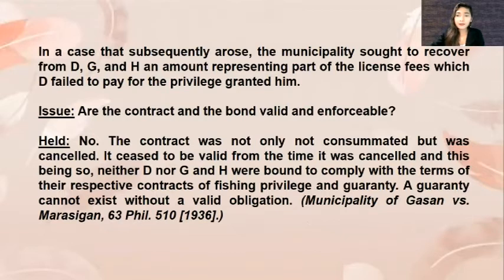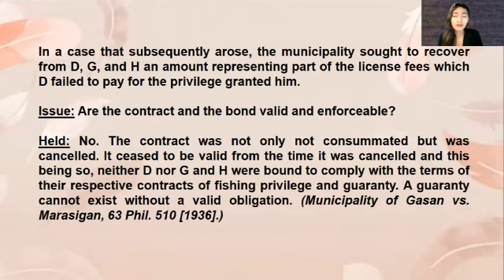In a case that subsequently arose, the municipality sought to recover from D, J, and H an amount representing part of the license fees which D failed to pay for the privilege granted him. So the issue of the case: are the contract and the bond valid and enforceable? The court held that no, the contract was not only not consummated but was cancelled.